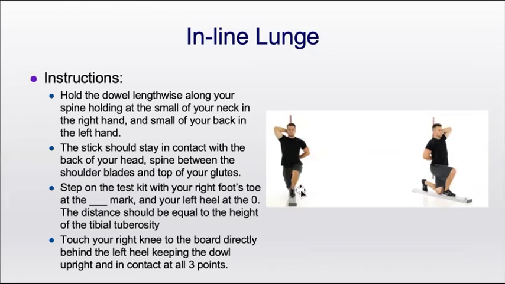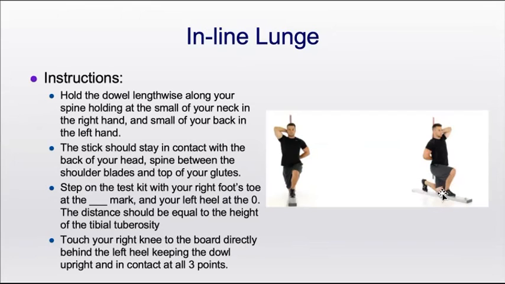So the person fixes their foot at the 0, and their front foot, so in this picture that I'm circling here, steps out the same distance as their tibial tuberosity. So you've already measured the tibial tuberosity, and you just measure it along the testing kit.